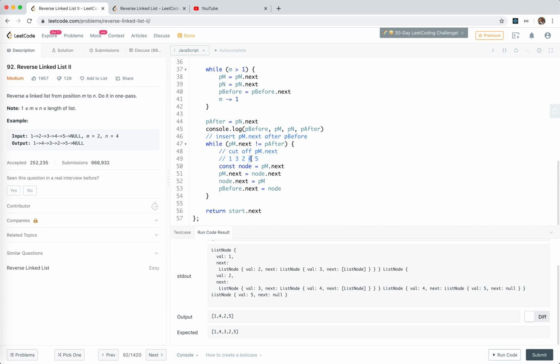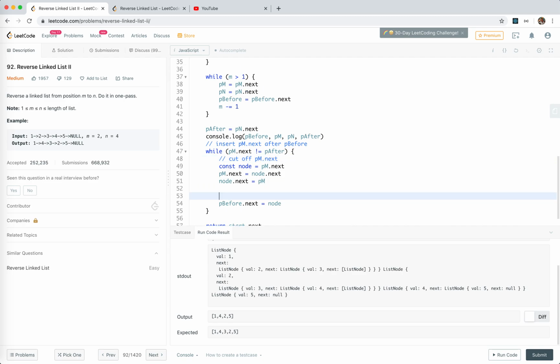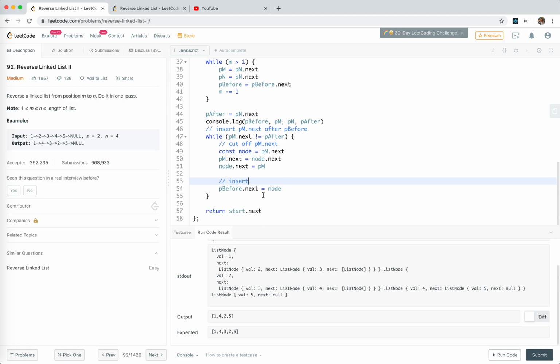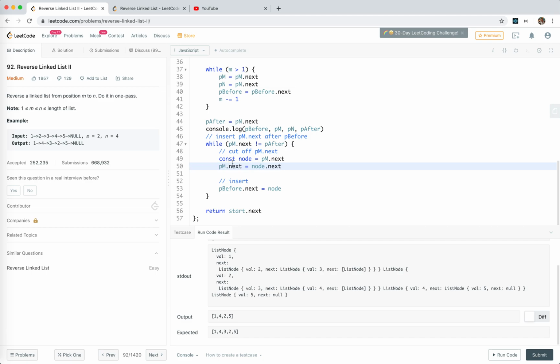4. 2's next equals 5. Yeah, I made mistakes. We forgot to do insert. First we cut it off.